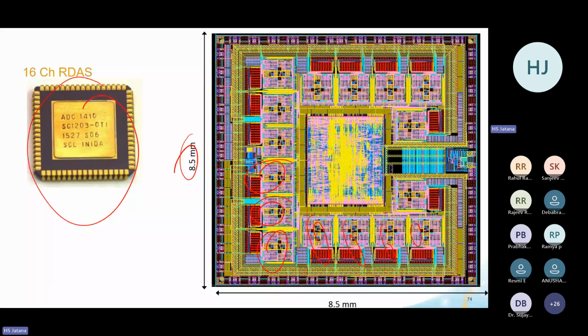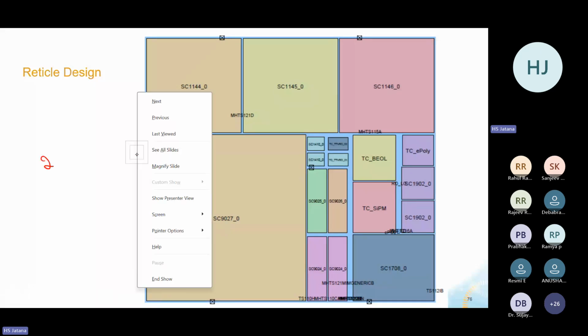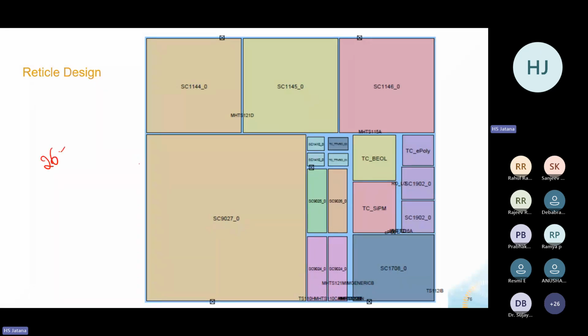So now if we see below 350 nanometer, a reticle is made, because the entire wafer is not printed, only a small area which is normally of the size of 26 by 26 to 28 mm, and in lower nodes it is again close to 28 to 30 mm kind of thing.